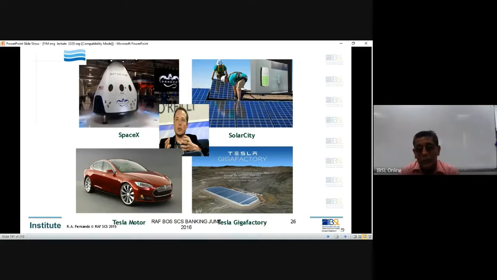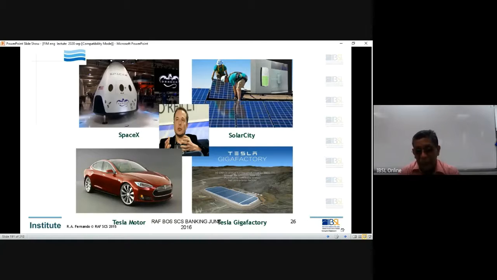Tesla wants to build a gigafactory for manufacturing all these Tesla cars to manufacture electric cars. So he needs capital to build that Tesla Gigafactory.